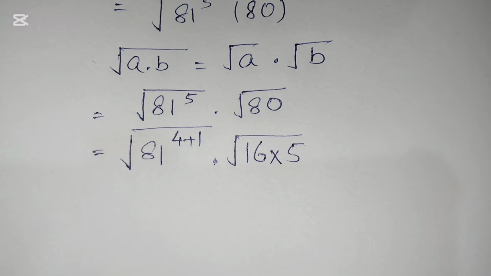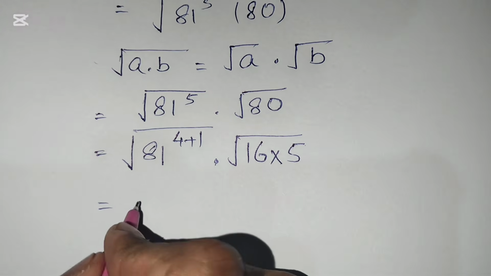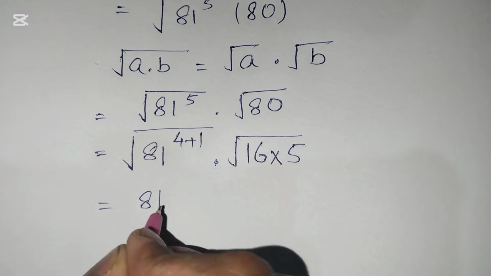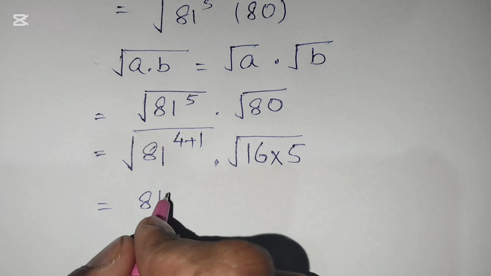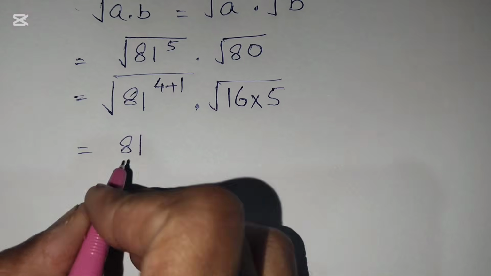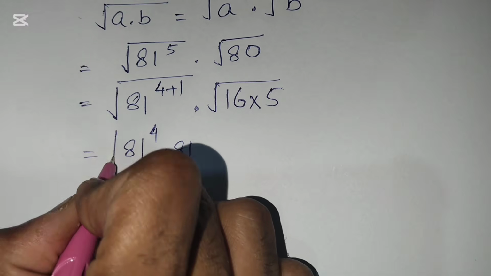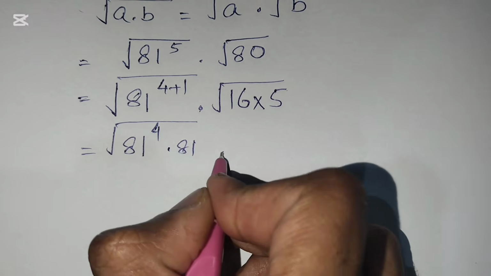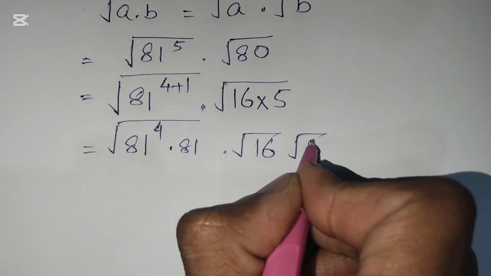Now we can write this as square root of 81 power 4 times 81, times square root of 16 times square root of 5.